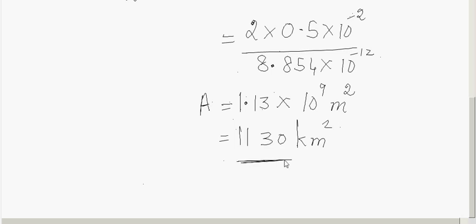This is such a big value, you know. So this one, if you see, 1.13 into 10 to the power 9. So such a big value.